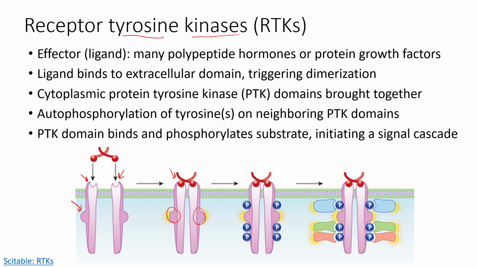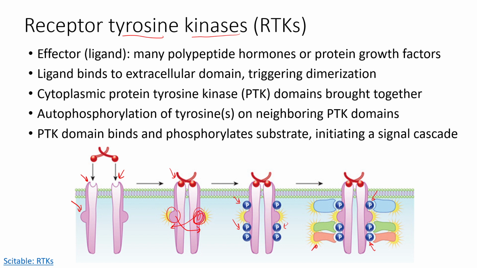This process is often called autophosphorylation or trans-autophosphorylation because one tyrosine kinase domain on one of the receptor tyrosine kinases will add phosphate groups onto the other one, and vice versa. Ultimately, you'll end up with the intracellular domains of these tyrosine kinases getting decorated with all of these different phosphate groups. Depending on where these phosphate groups are added, they might act as targets for different second messengers, right?